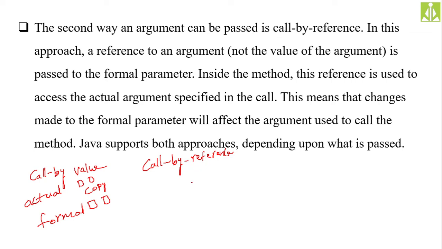But in case of call by reference, whatever actual parameters you have, we pass those memory locations as it is, just by taking the help of objects. So if you do any changes to the formal parameters, those changes indirectly affect the actual parameters also. Here in call by value, any changes you do to the formal parameters will not affect the actual parameters. Actual parameters will remain intact, but the formal parameters will get the changes.